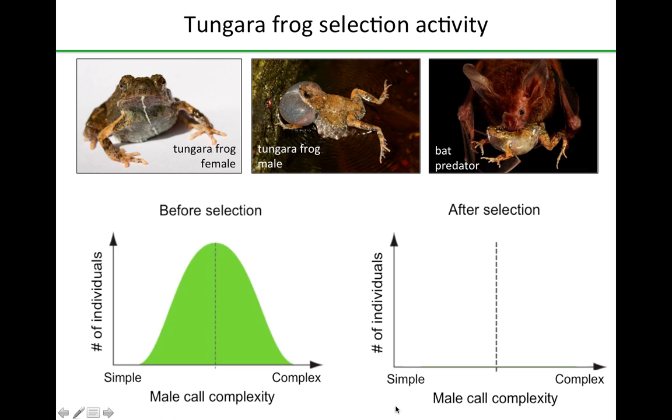For each scenario, what you're going to do is predict how this distribution of call complexity would change in the population based on the selection that I describe in each scenario. I hope that gives you enough information to work on this activity.